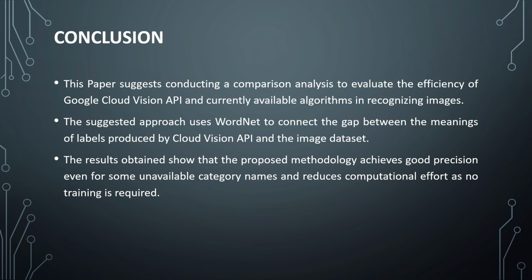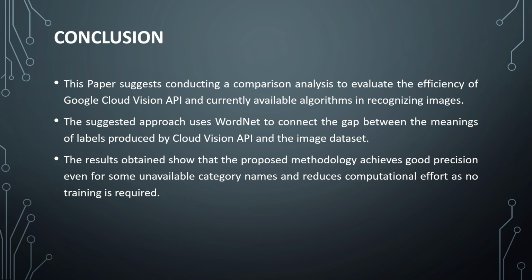And looking at these results, it is suggested to use it in industries to deal with their daily routine, which needs an image recognition procedure. And for future research, we can modify the category names to fit the labels given by Google Cloud Vision APIs, and we can evaluate the proposed scheme on more well-known datasets.